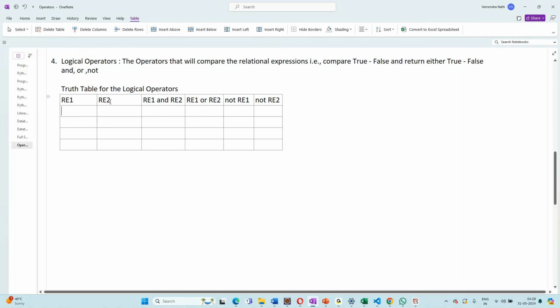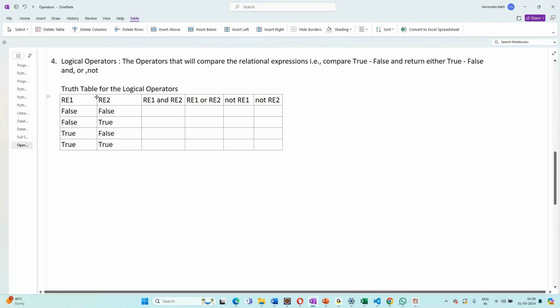You are comparing both false, you are comparing false with true, you are comparing true with false, and you are comparing true with true.